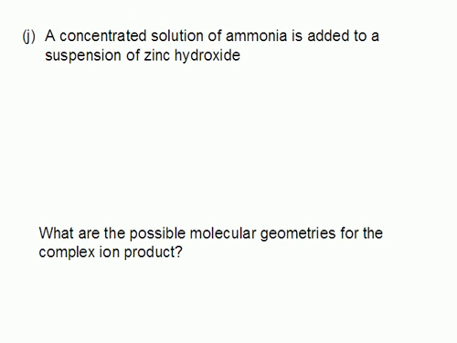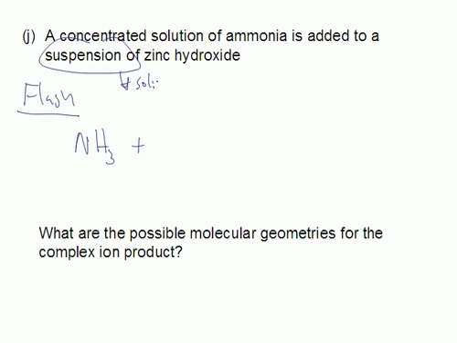J, a concentrated solution of ammonia is added to a suspension of zinc hydroxide. This is going to be another flashcard one, but I want to go through this anyway because it does form something pretty interesting. Ammonia is NH3, and you're adding that to a suspension of zinc hydroxide. Suspensions are solids, so this is going to be Zn(OH)2.